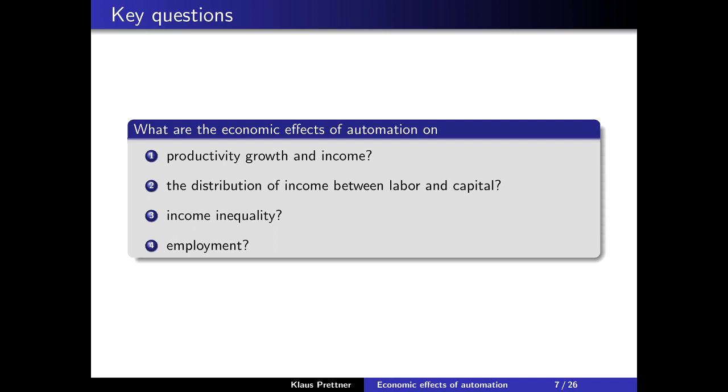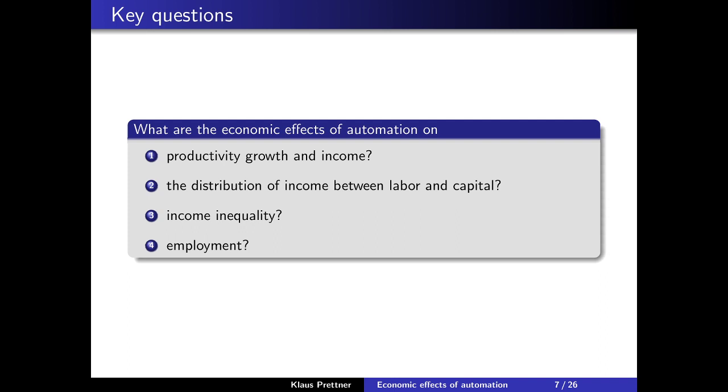Second, on the distribution of income between the production factors, capital and labor. Also here an effect can be conjectured, because robots are essentially physical capital, so the income that they earn goes to the capital owners, but in the production process they are perfect substitutes for workers, and therefore they compete with workers and hold their wages down.